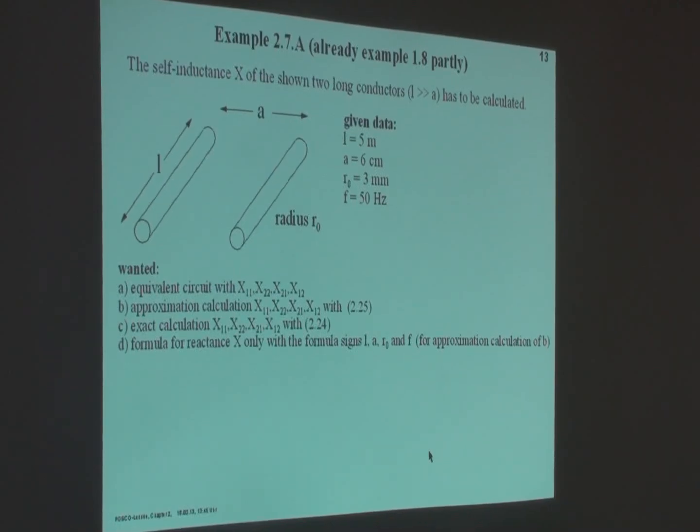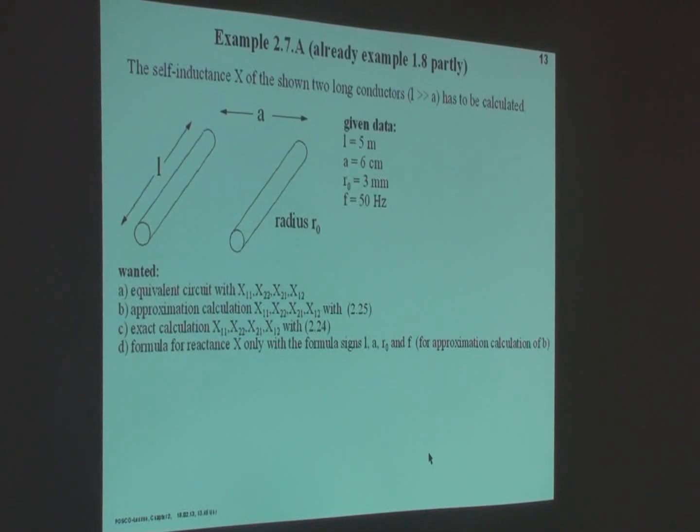So, we have already calculated this with another method. If we go to chapter 1, where's my chapter 1? Motion. Here you see, now we have had a result.